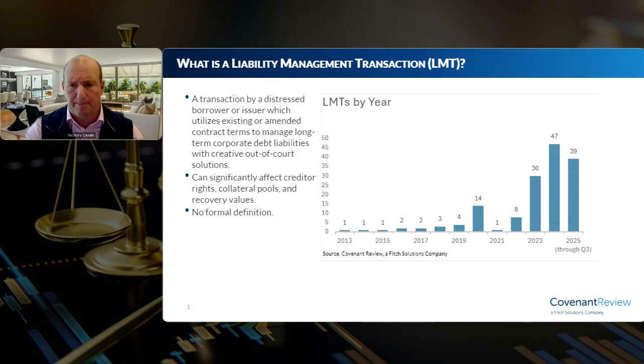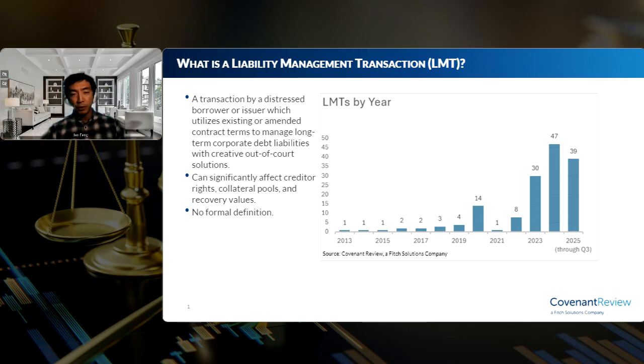Ian, can you speak to this chart a little bit? Yeah, this is a chart from our latest quarterly report on liability management transactions, and it demonstrates the increasing prevalence of LMTs generally. If you go back far enough, it looks like there's only one or two, and that's probably a historical artifact, in that the term liability management transaction didn't really come into play until, let's say, 2020. Prior to that, we called them things like out-of-court restructurings, and the ratings agencies called them distressed debt exchanges. There were many types of transactions that today we would consider LMTs, but back then they were not known as such.